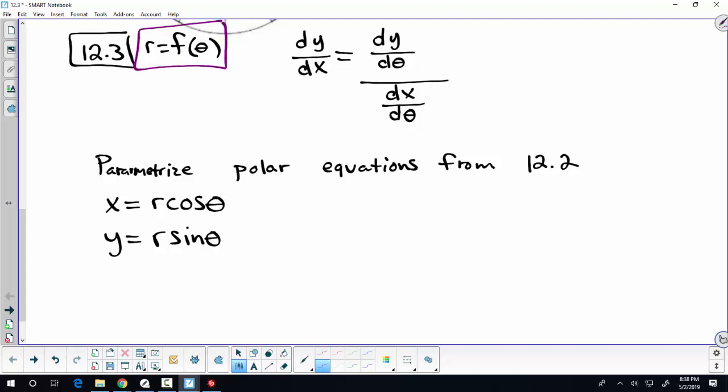Since r is some function of theta, we're going to rewrite x as r cosine theta, and we're going to call r f of theta, times cosine theta instead. So now x is completely in terms of our parameter theta. We do the same thing for y.